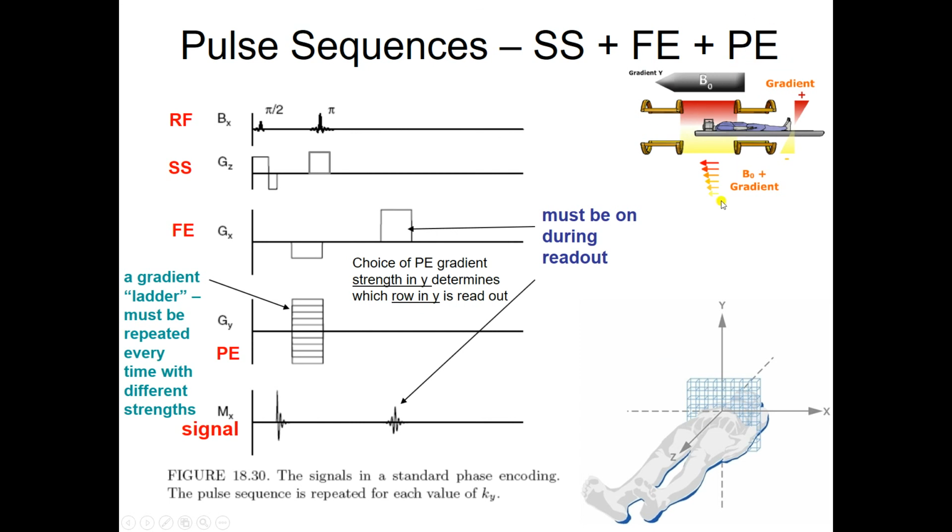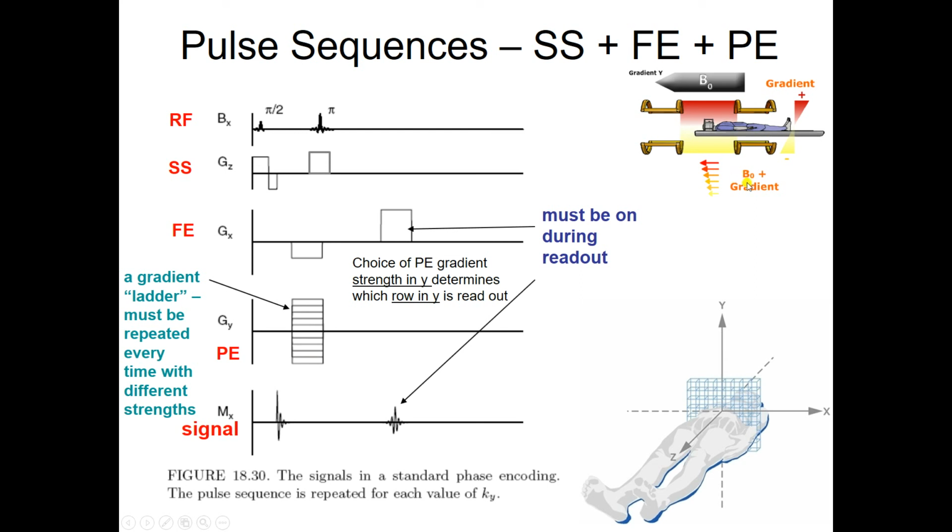The phase encode gradient will tell you which row you are reading. So I have to add this 3rd gradient. So this is, again, a full pulse sequence. RF you beam in, slice selection gradient, which determines which slice you're actually reading, frequency encode gradient, which is on at the time of the readout, which will measure across the slice, and then your phase encode gradient, which will tell you which row you're choosing.